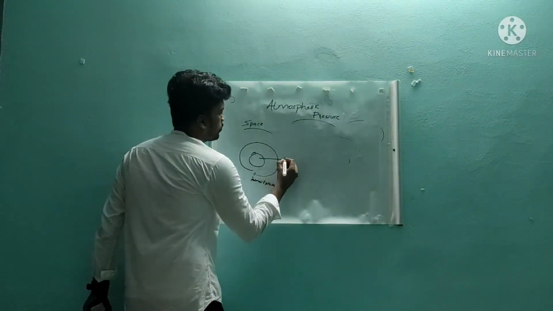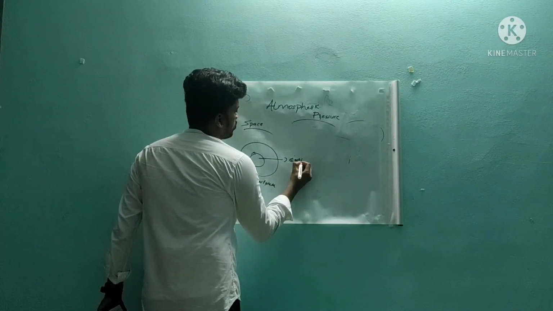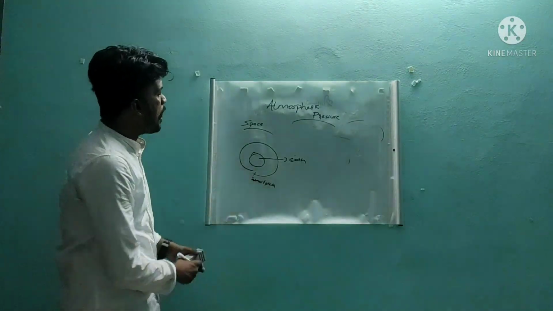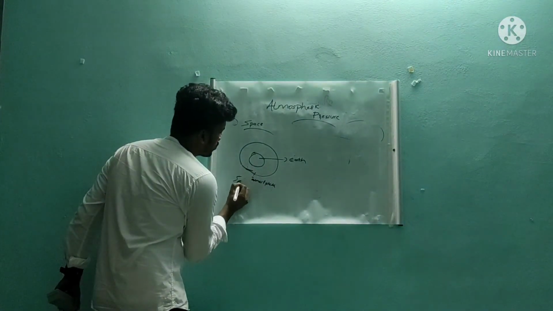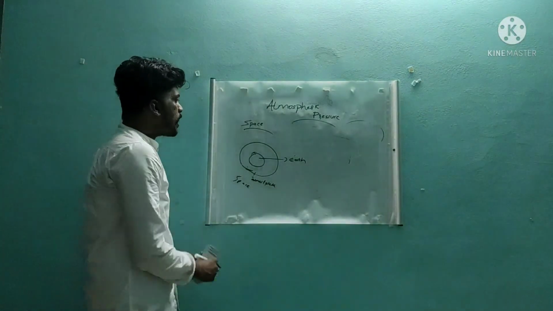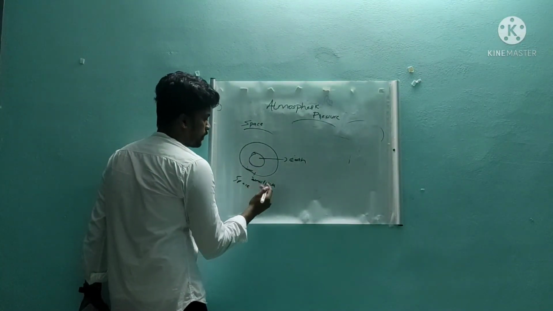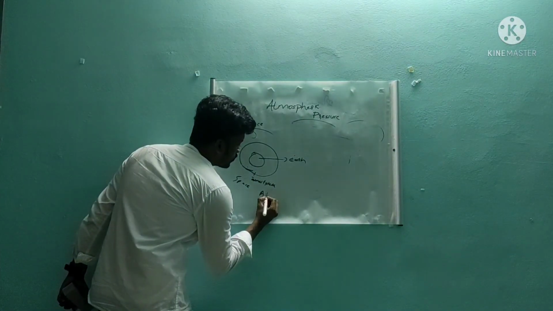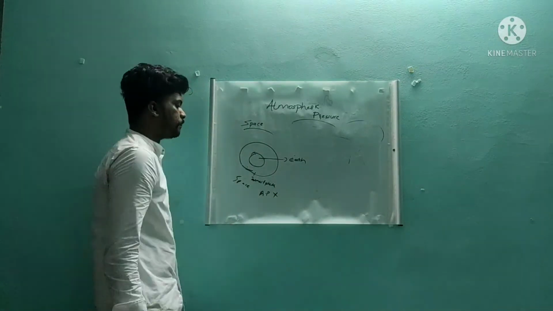This is Earth, this is the atmosphere, and this is the space outside the atmosphere. What is happening in space? In space, there is no atmosphere, so there is no atmospheric pressure.